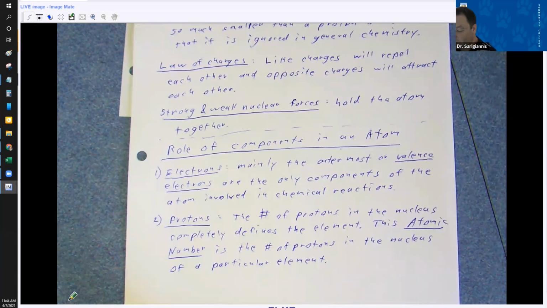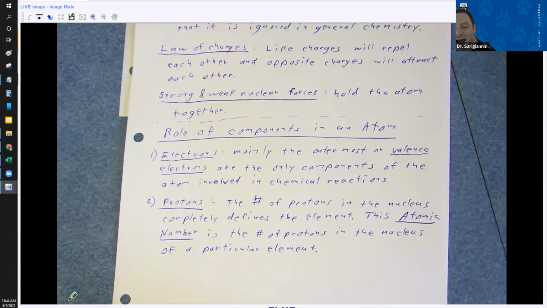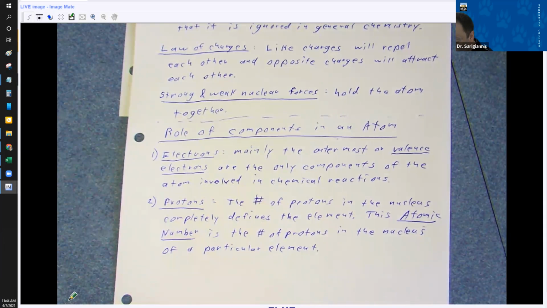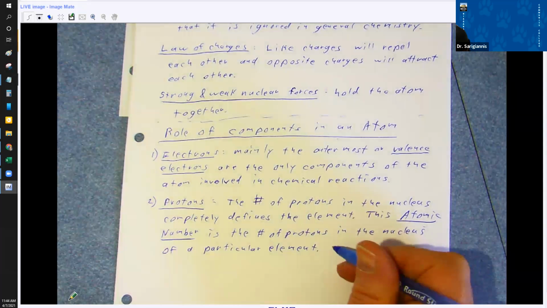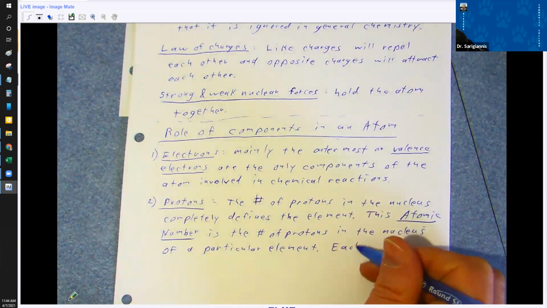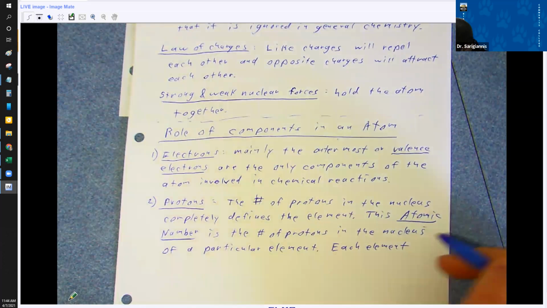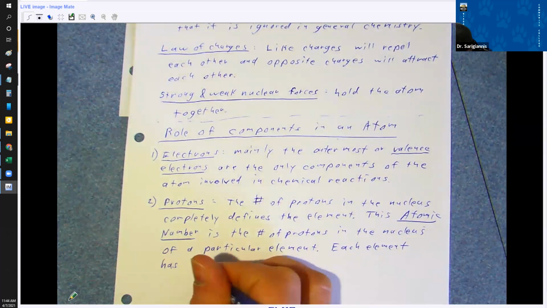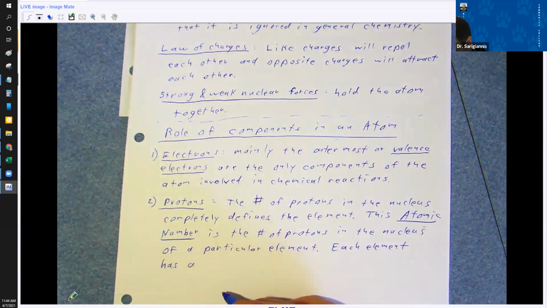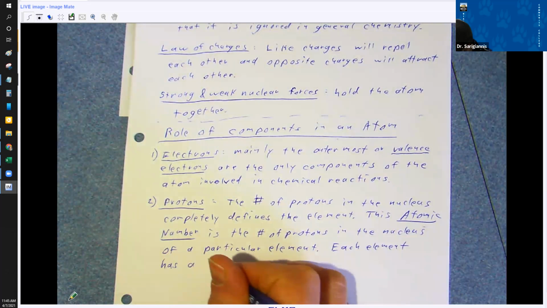Like gold always has a certain number of protons. It's not gold if it doesn't have that number of protons, right? And this is called the atomic number. The atomic number is the number of protons in the nucleus of a particular element. And so each element has a unique atomic number.